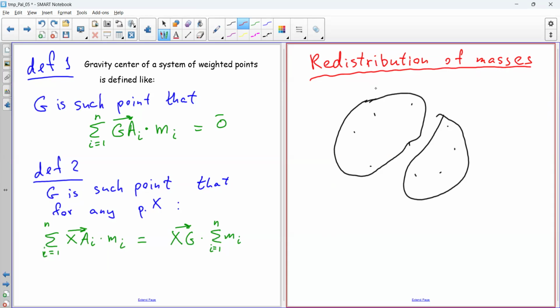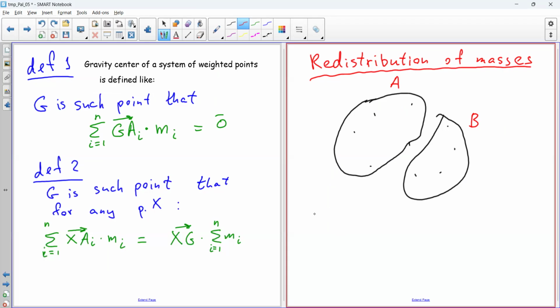So this group would be group A, this group would be group B. Actually, the subdivision into groups may be even in more groups as well.